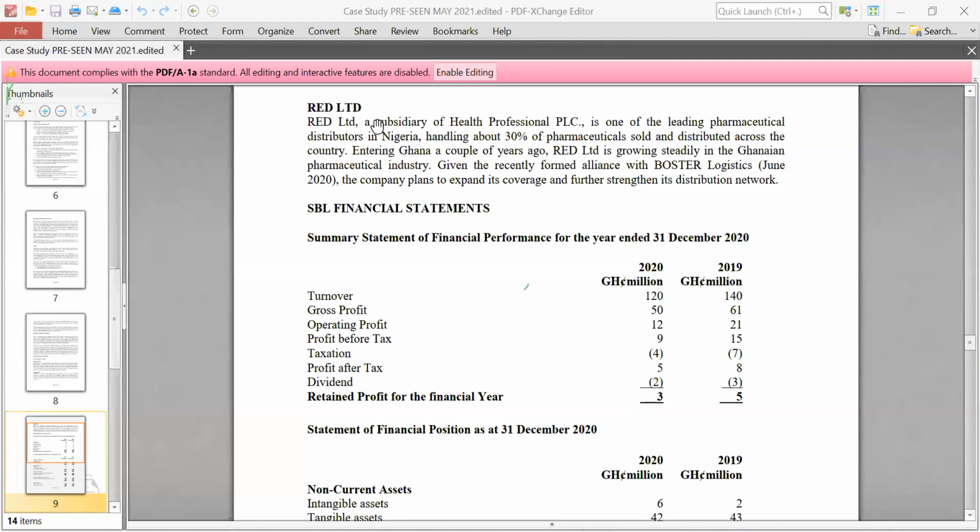Why would cost of sales be high? Because if you look at turnover, turnover is 120. Gross profit is 50. So what will be the cost of sales for 2020? 70, right? Yeah, 70. Okay. And what will be the cost of sales for 2019? 79.